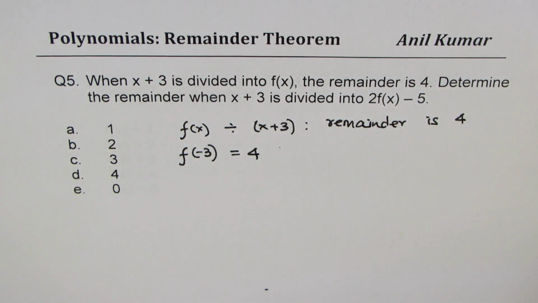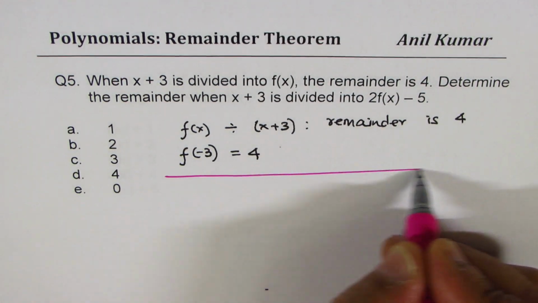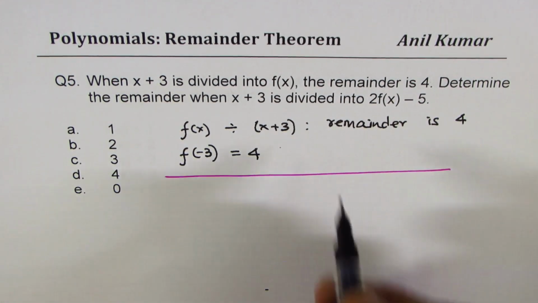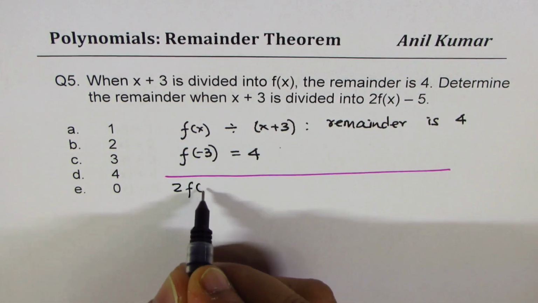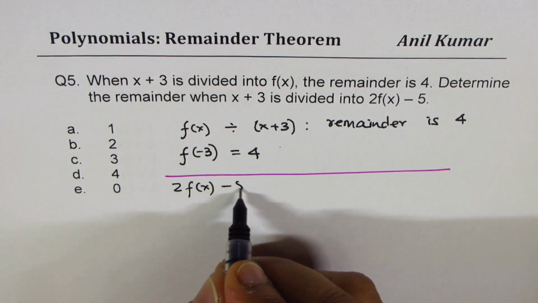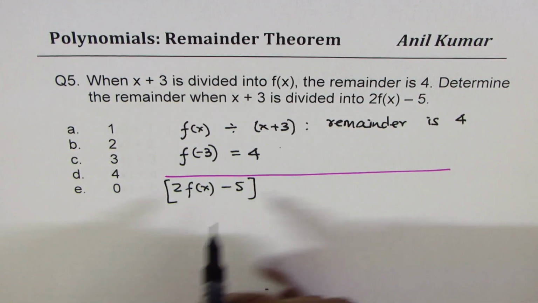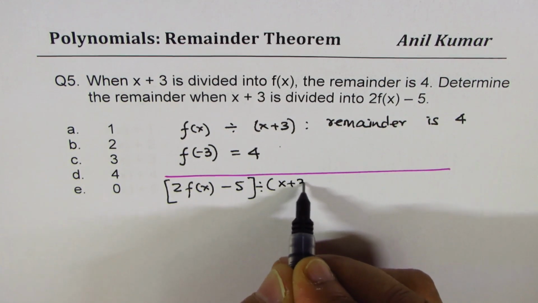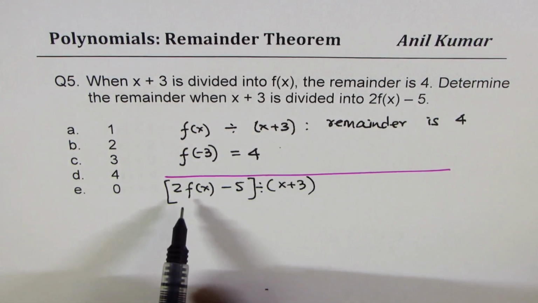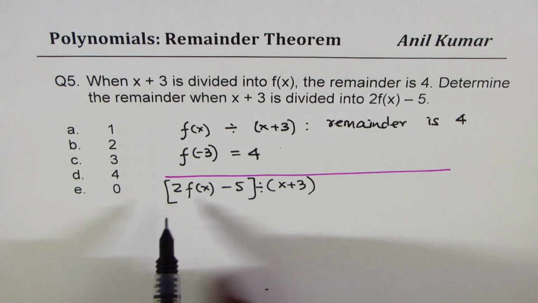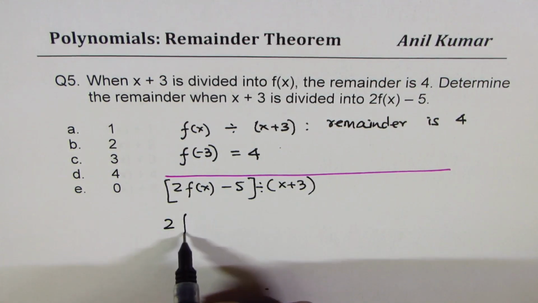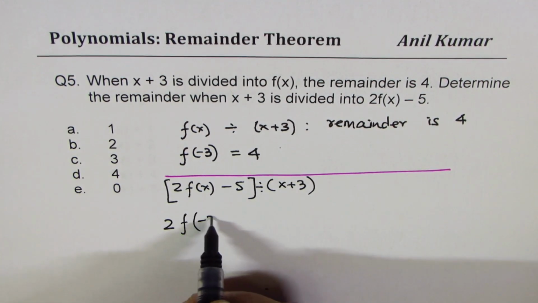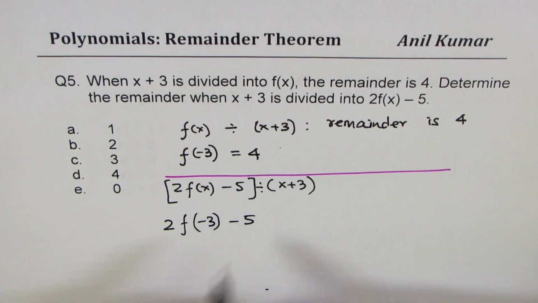Now the question here is, what happens when you divide 2f(x) − 5, everything, by x + 3? Basically, it should be using the remainder theorem: 2 times f(−3) − 5.